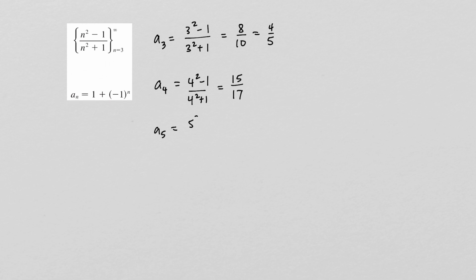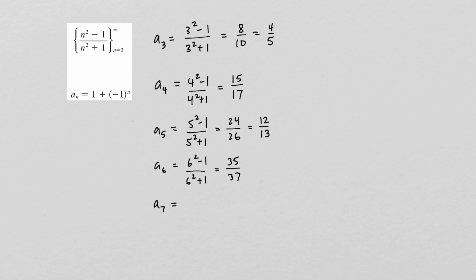A5 will be 5 squared minus 1 over 5 squared plus 1. This is 24 over 26, which is the same as 12/13. A6 is going to be 6 squared minus 1 divided by 6 squared plus 1. This is 35 over 37.